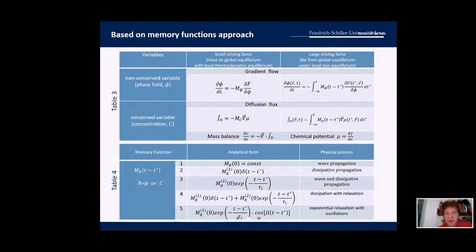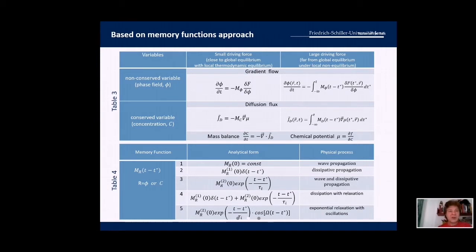There are other components, for instance, dissipation with relaxation, exponential relaxation with oscillations. But for us, wave and dissipative propagation are important because this allows us to take into account characteristic speeds of solute diffusion.